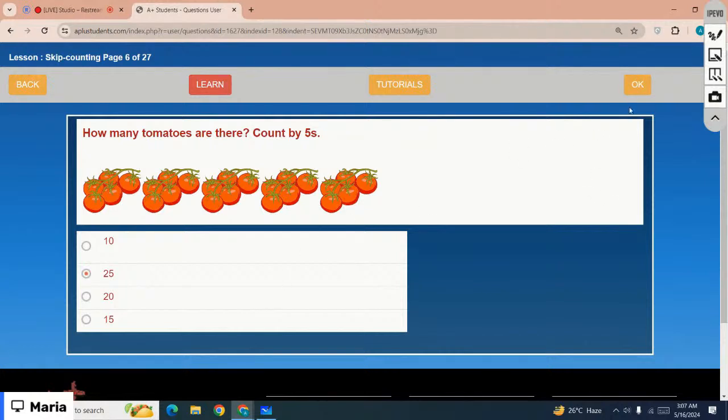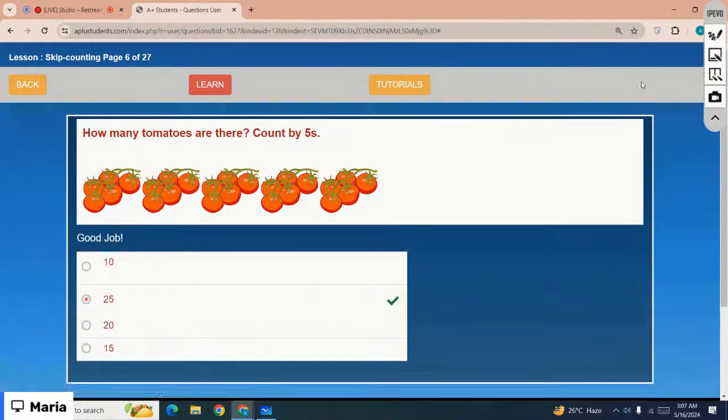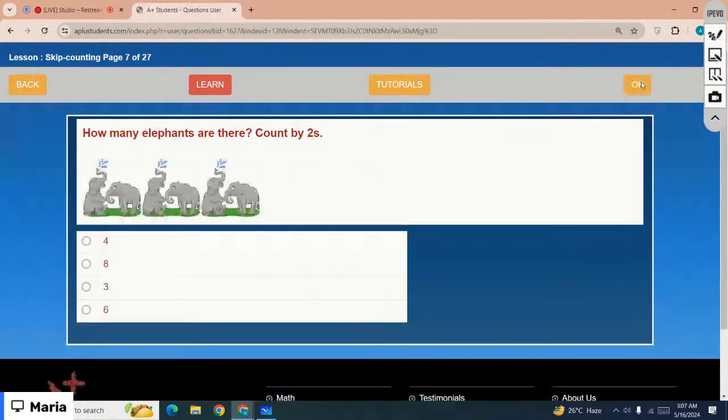The correct option is 25. How many elephants are there? Count by twos. Very good. The correct option is 6.